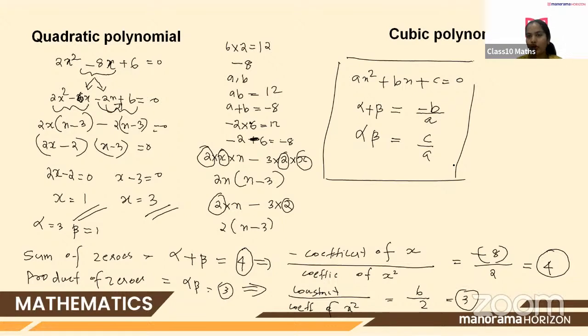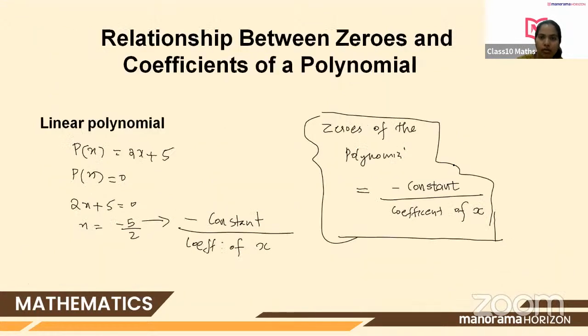And finally, for a cubic polynomial. So I'll write it here. For a cubic polynomial, if the equation is ax cube plus bx squared plus cx plus d, then what is the relation between zeros and the coefficients?